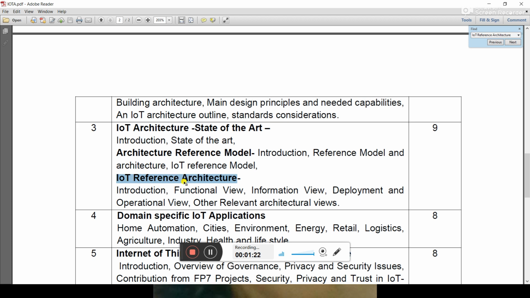We need to discuss these things whenever we need to find a solution for an IoT commercial product. For example, suppose we have an architecture which can be deployed over an area, over a city, and this architecture will find out where the gas leakage is.